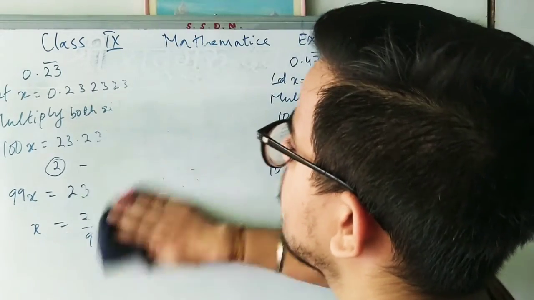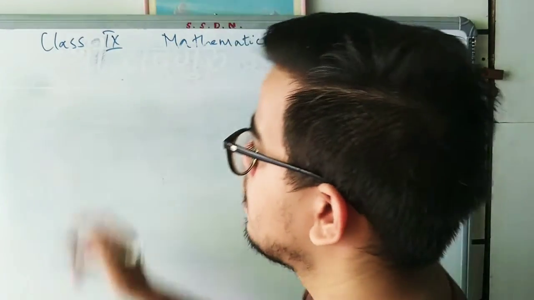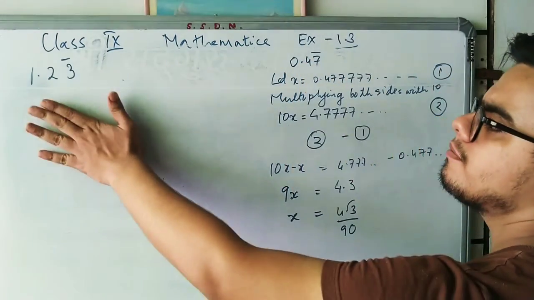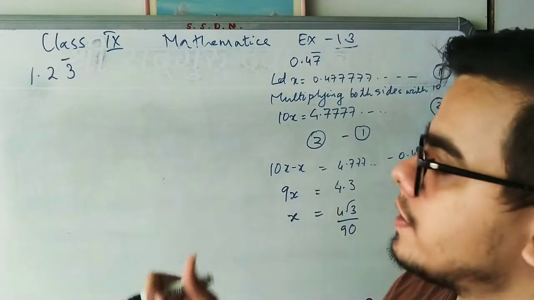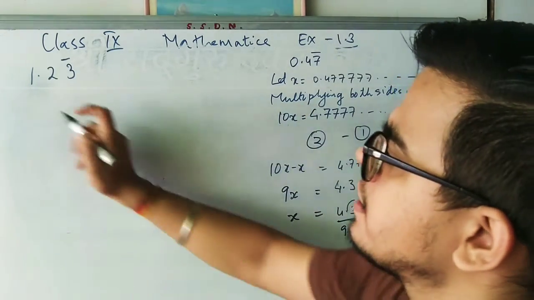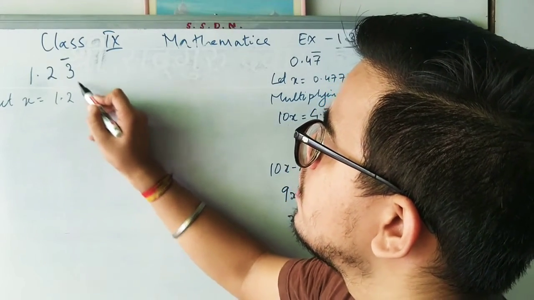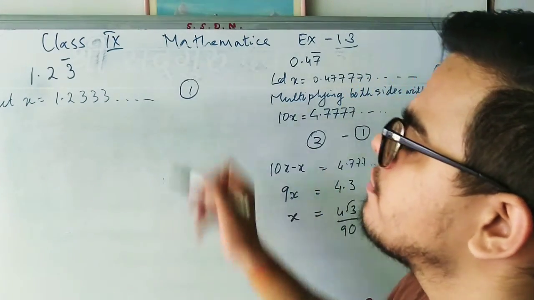Suppose the question is 1.23 bar. So how could we solve these questions? It is similar. Let x equal 1.23 with the 3 repeating. Let it be the first equation.